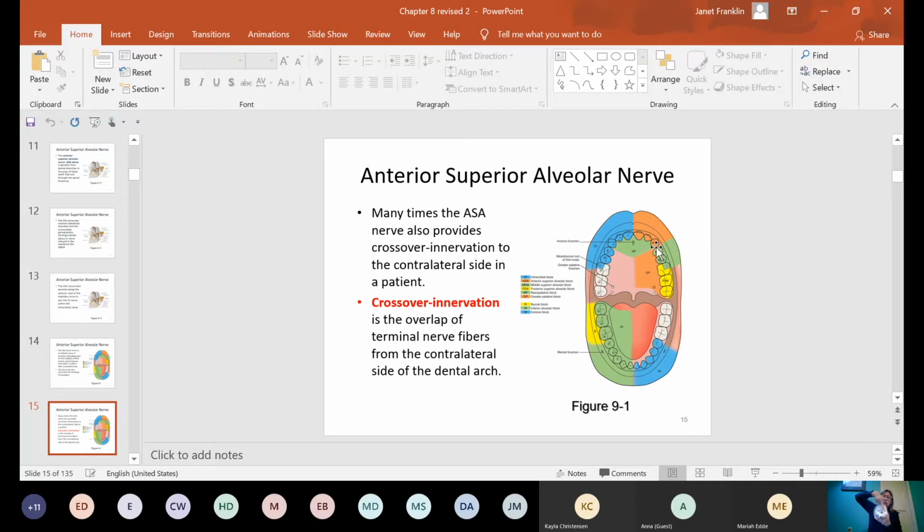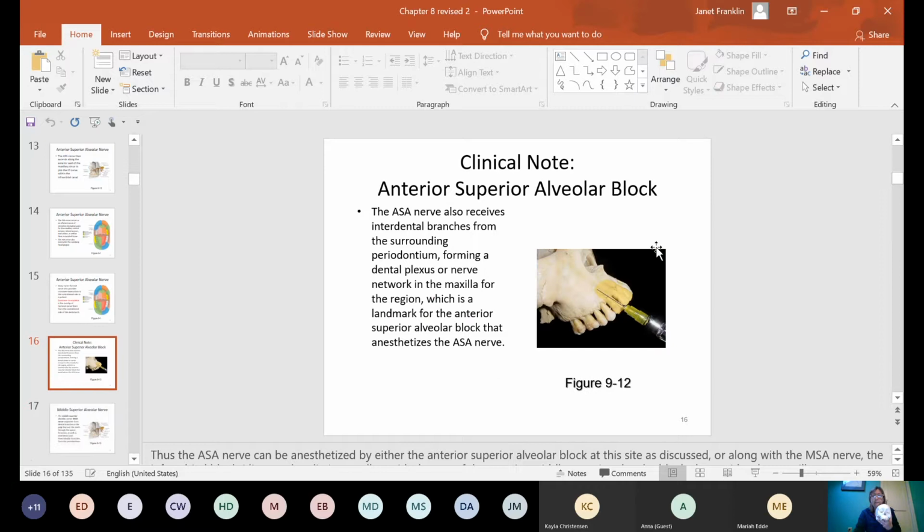And so you'll be anesthetizing the right, but tooth number 9 is going to get numb. Or you're anesthetizing the left and tooth number 8 will get numb instead of tooth number 9. That's called crossover innervation. So just think of they cross over each other, like you're crossing your legs. It's not common, but it does happen.